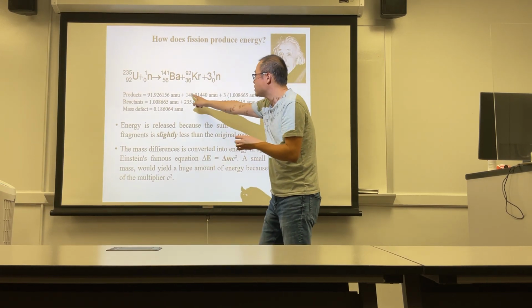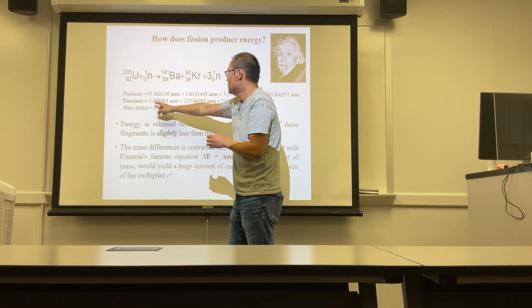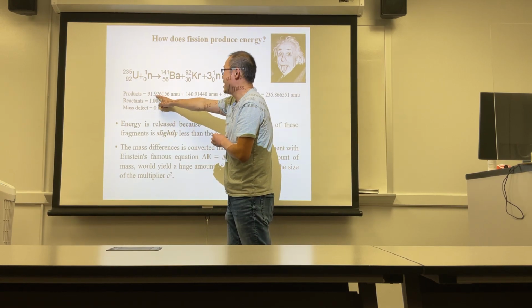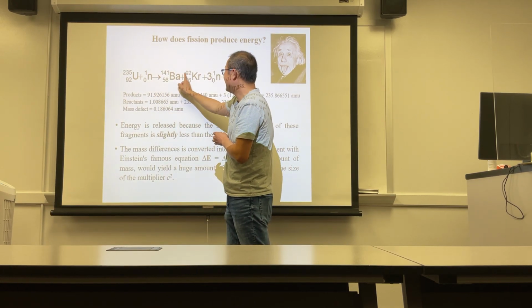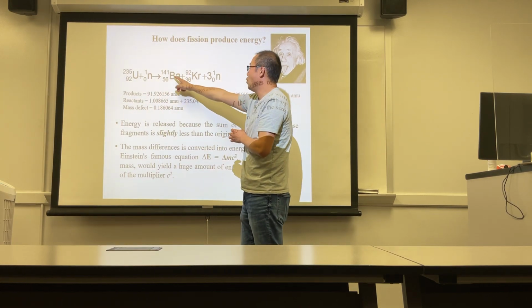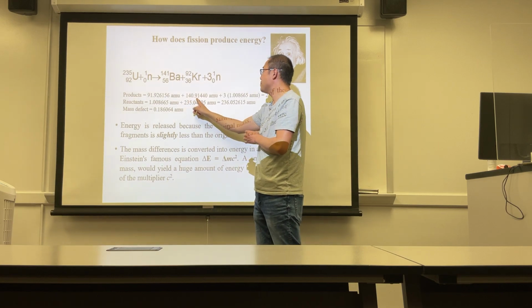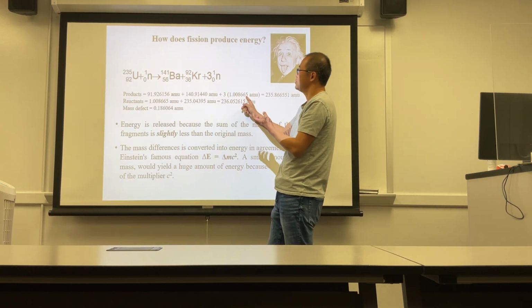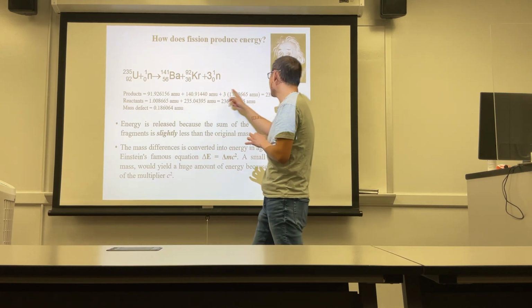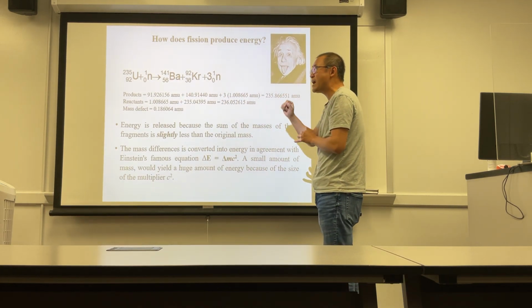If you keep all the decimals, for example, in the products, the mass number 92 is actually 91.9, 141 is actually 140.9, and the 3 neutrons are like this.